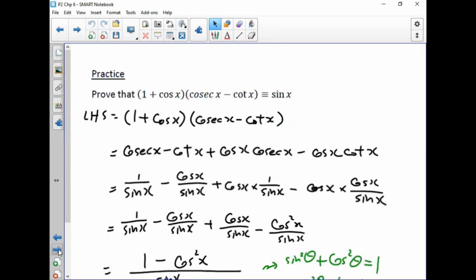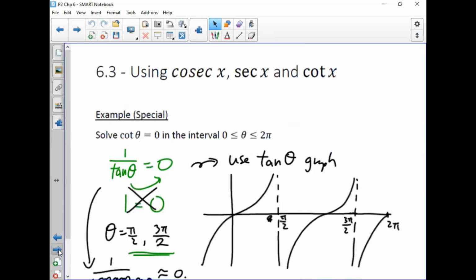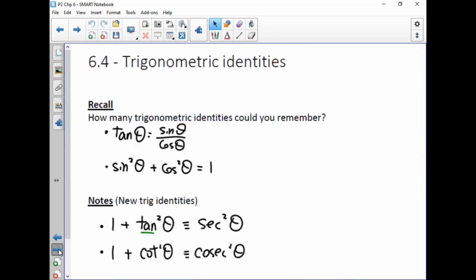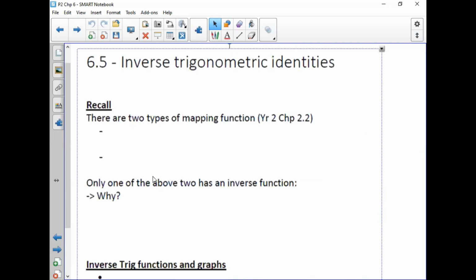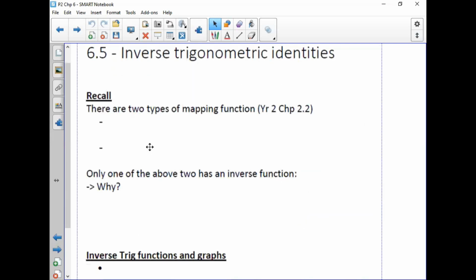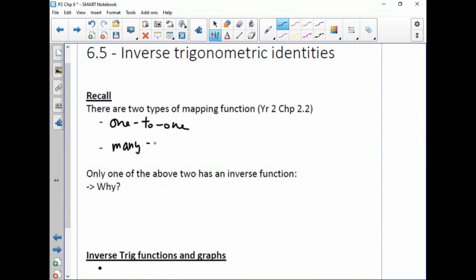Right. First of all, we're going to recall what a mapping function is. There are two types of mapping function. Let's see if you remember chapter 2 knowledge: the first type is a one-to-one function, and the other one is a many-to-one.